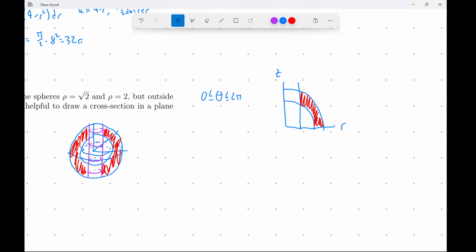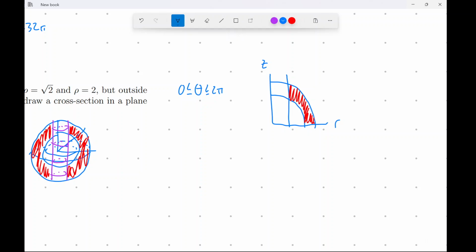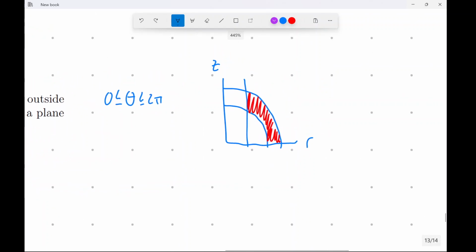Okay, so we could think about what coordinate system we want to use for this. I personally think it looks like it'll be easier to do this integral in cylindrical coordinates, which corresponds to doing this in this 2D region in Cartesian coordinates. So let's do that.